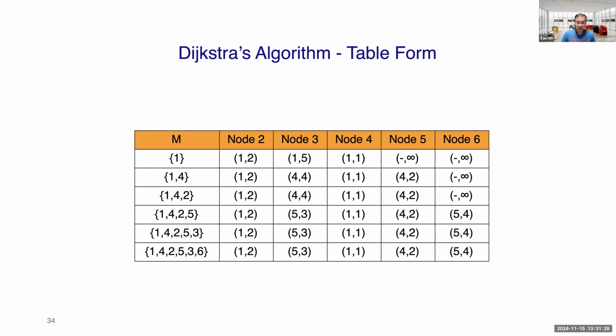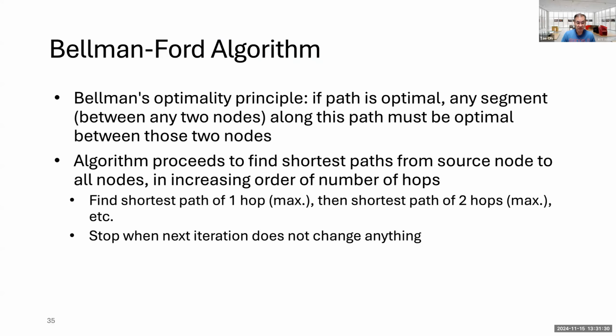Okay, so let's move on to Bellman-Ford. Is Bellman-Ford optimal? I believe the Dijkstra algorithm is more popular than Bellman-Ford. Personally, if a path is optimal, any segment between 2 nodes along this path must be optimal between those 2 nodes.